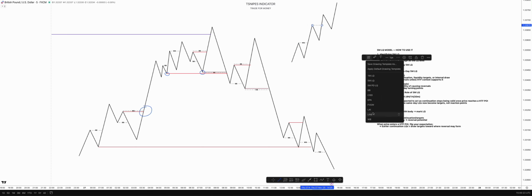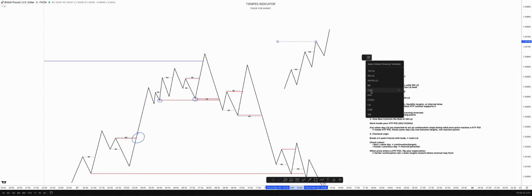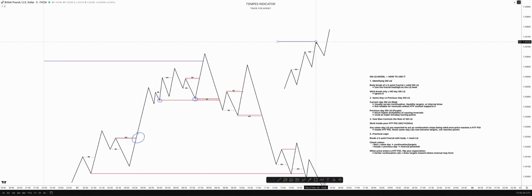And we run into, say for example, a previous day's liquidity. We may not reverse straight away because we may need to then create a low here to target, because the most simplest way for the market to work is every buyer needs a seller, every seller needs a buyer.